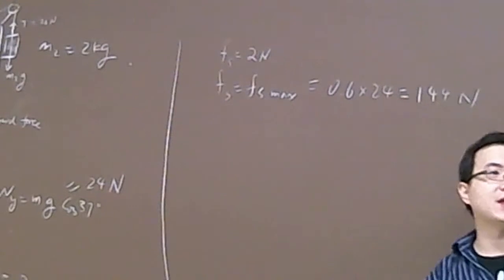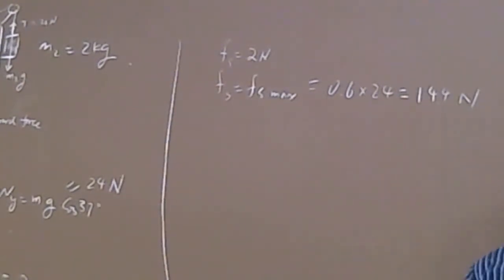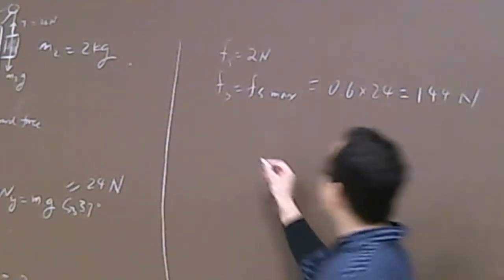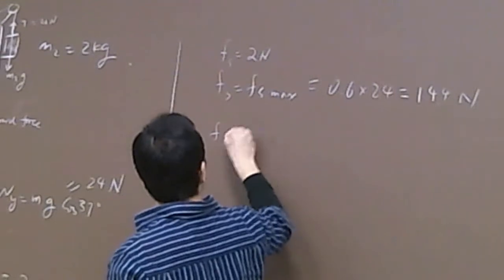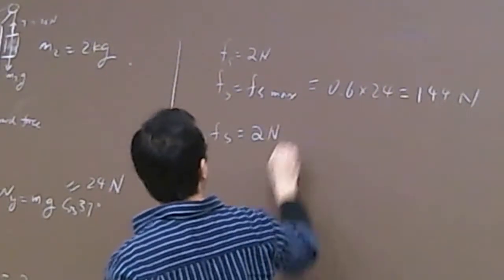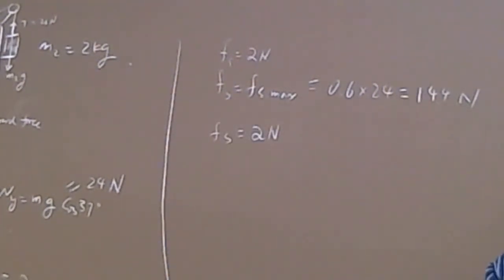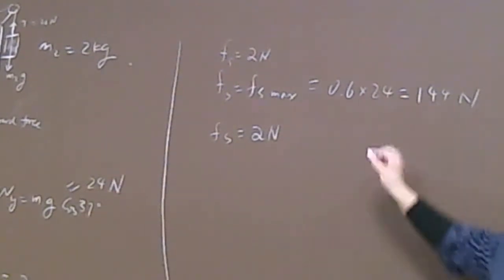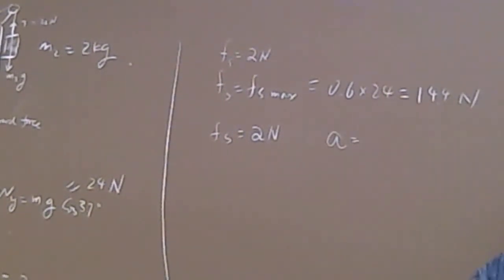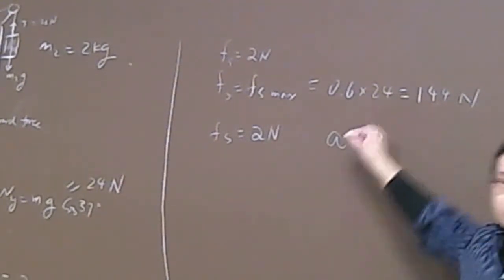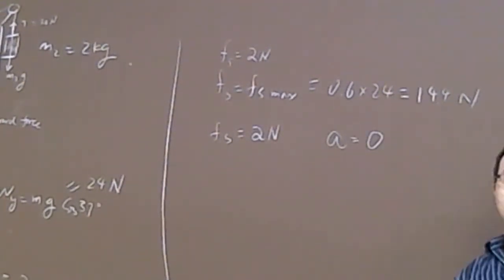This is the maximum static frictional force. So after the calculation, what is the actual static frictional force? 2 Newton, okay. Any question here? And what is the acceleration? Zero, okay. Any question here?